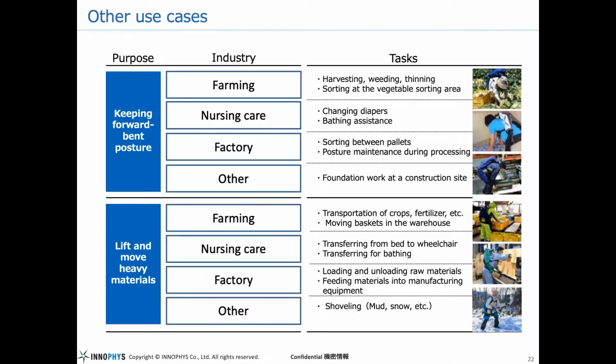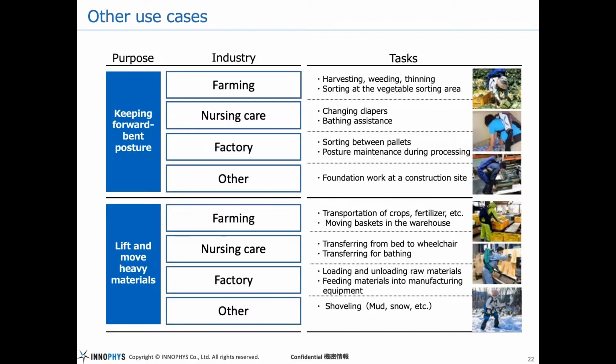In nursing care: changing diapers and bathing assistance. In factories: sorting between pallets, and when doing processing, it helps to keep the leaning forward posture. And also foundation work at construction sites, etc.